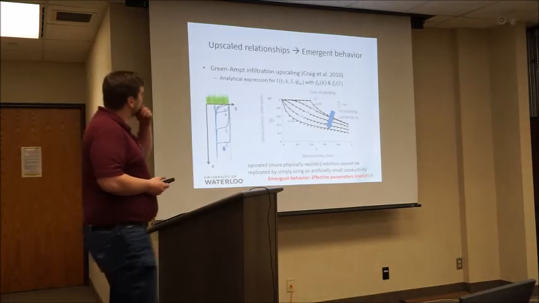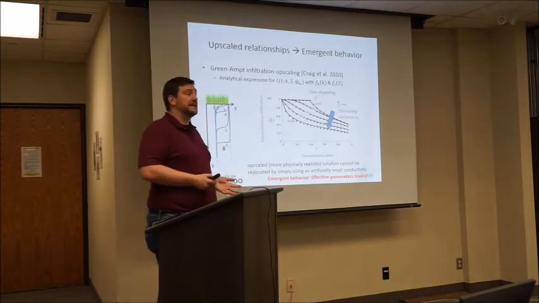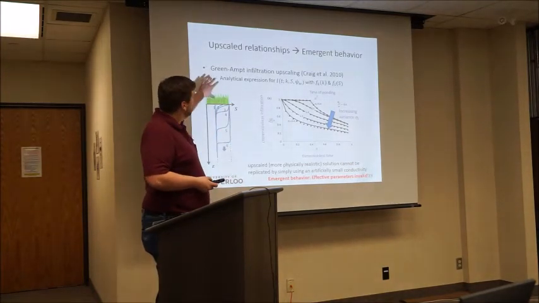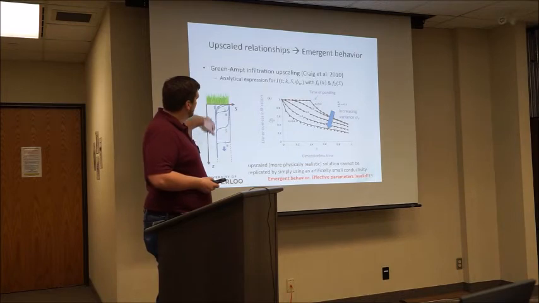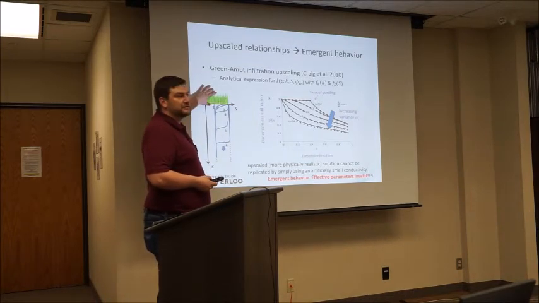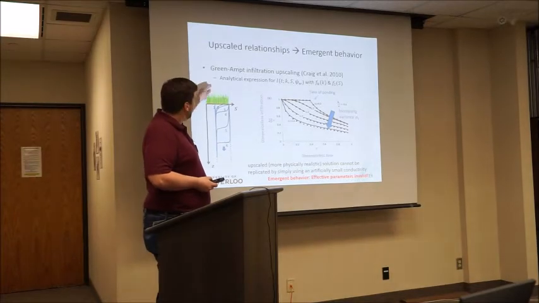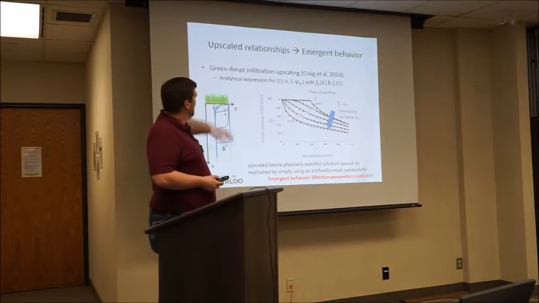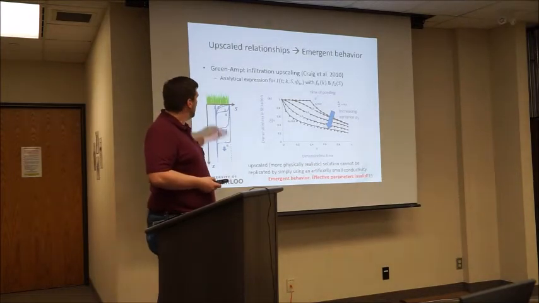All right, so emergent behavior. Here's a very simple example of where emergent behavior arises. This is a paper from 2010 that I worked on. This is the infiltration process. Everyone who's taken a hydrology class, you have an initial saturation in a porous media. We apply a constant rate of water on top.